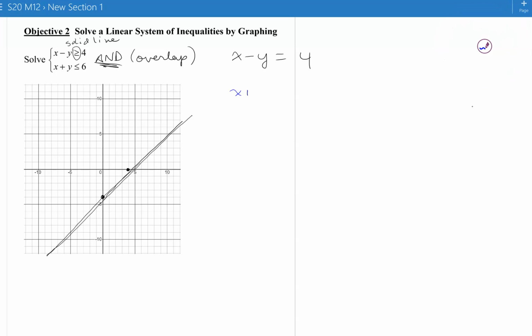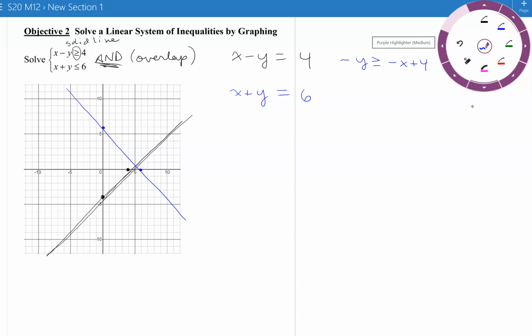And then I have x plus y equals 6. So when x is 0, y is 6, and when y is 0, x is 6. So I have my other line. Well, the first line, I would have -y greater than or equal to -x plus 4.